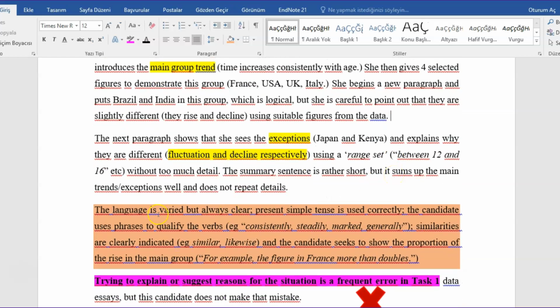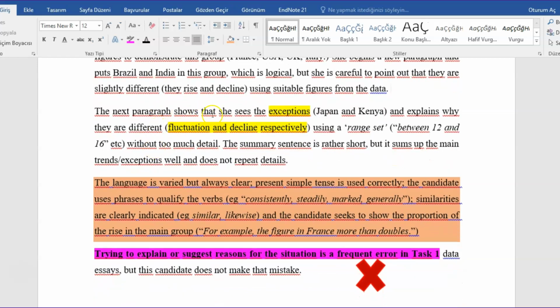The next paragraph shows that she saw the exceptions for Japan and Kenya and explains why they are different, fluctuation and decline respectively, using a range between 12 and 16 without too much detail. This summary sentence is rather short, but it sums up the main trends and exceptions well and does not repeat details.